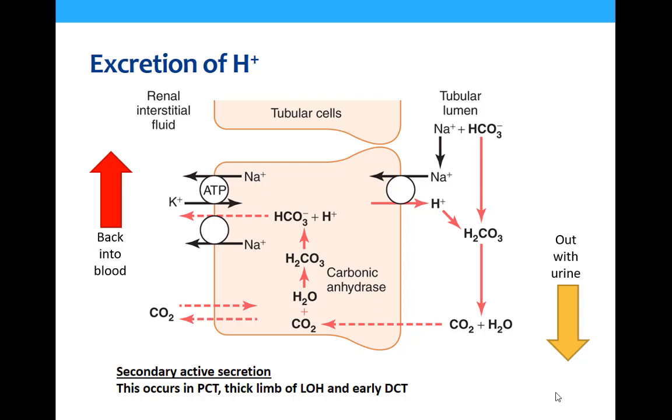Sodium goes out, which creates an environment in the cell where you have less sodium. So sodium from the tubular fluid will flow in, and one H plus will go out. This H plus will then combine with bicarbonate, forming carbonic acid, CO2 and water. CO2 will go back into the cell, and a bicarbonate will be reabsorbed.